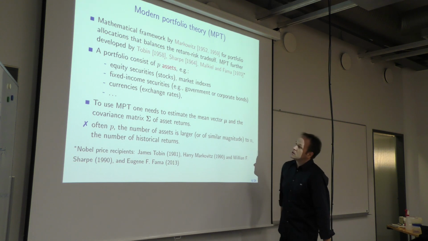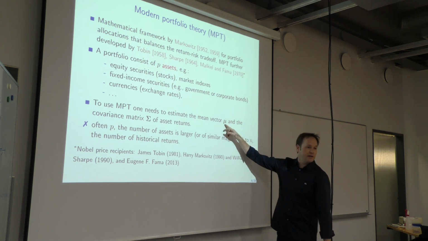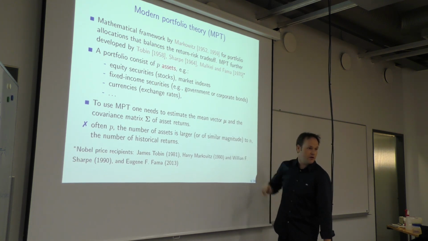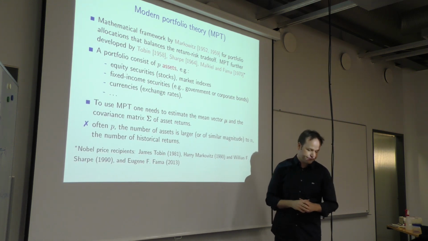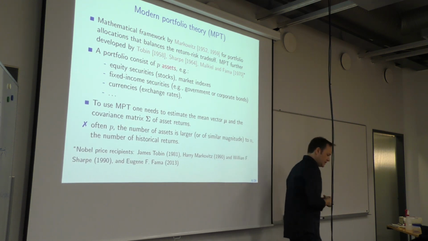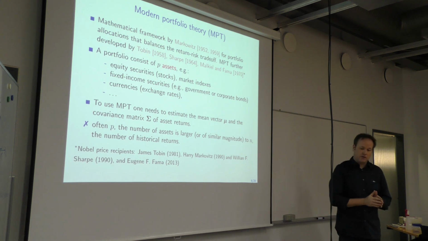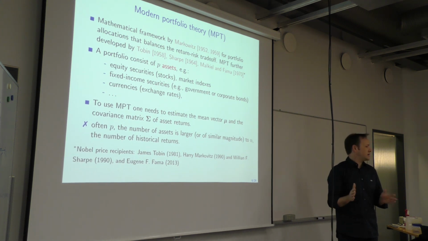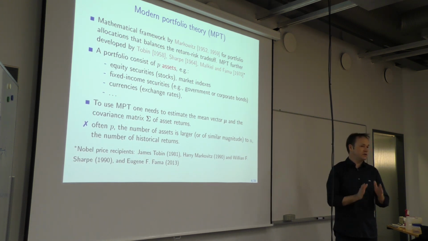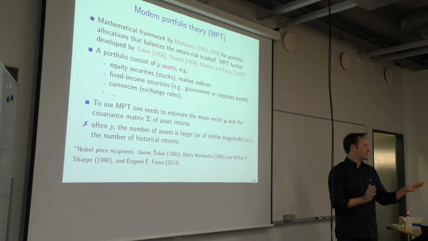But in order to use this theory, you need to estimate the mean of the returns and also the covariance matrix of these returns. And the problem is that you have a large set of assets in your portfolio, but the historical return data that you have is quite limited because you don't want to look too far into the past.